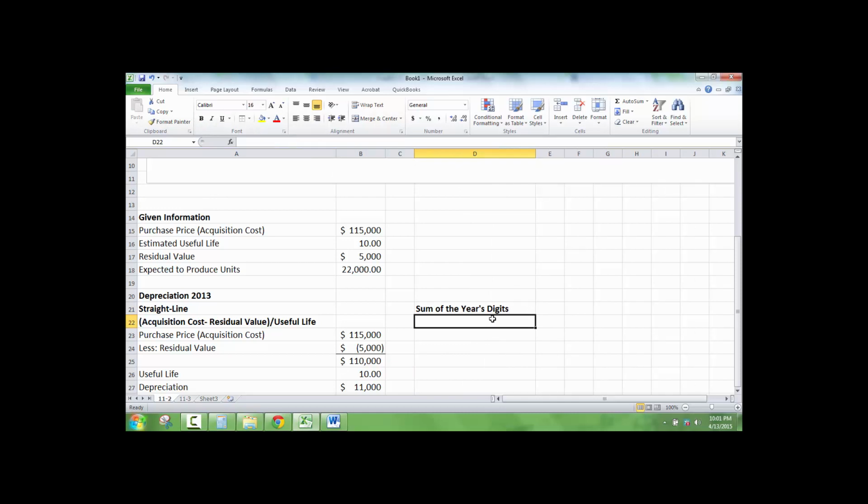So the sum of the year's digits is 10, which is the number of years. So 10 plus 1 divided by 2.